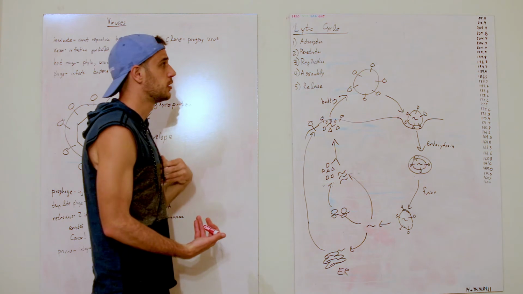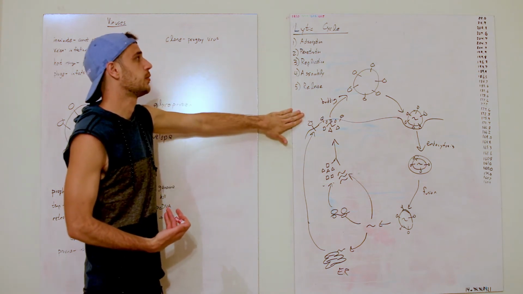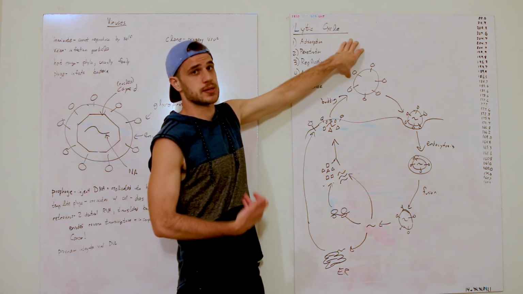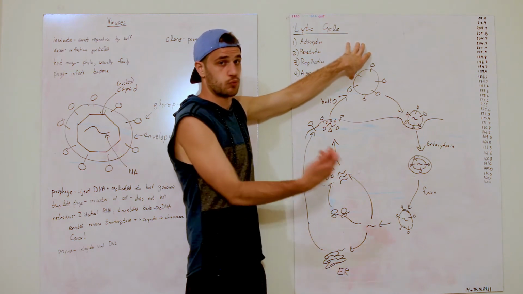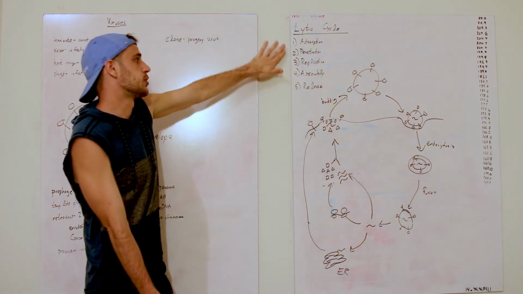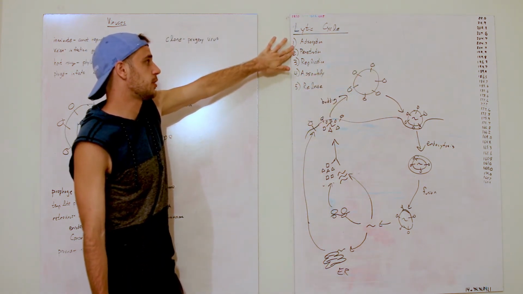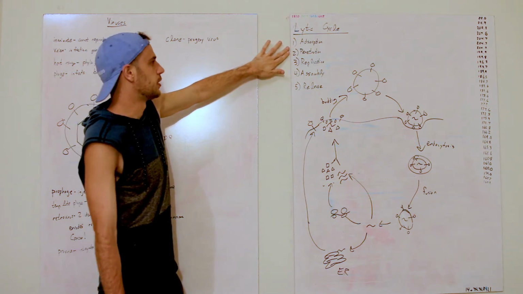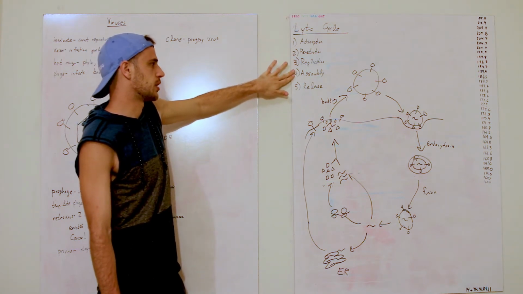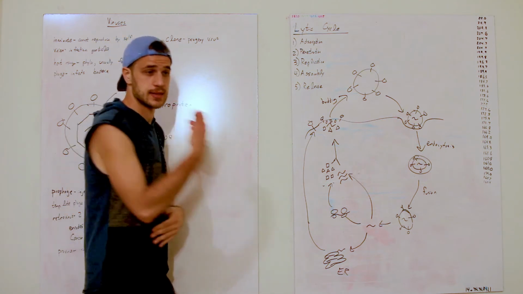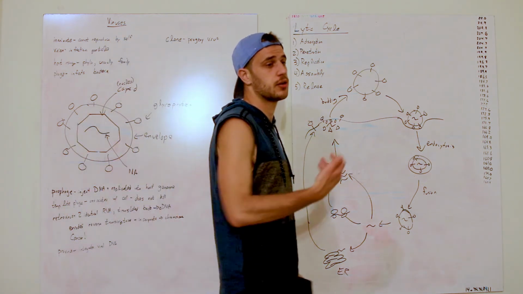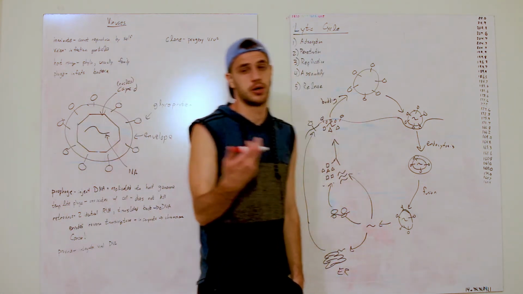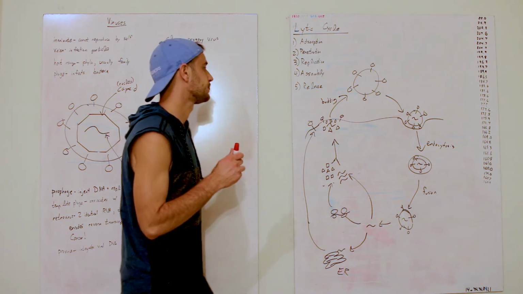Now the lytic cycle is this guy, which is the process by which a virus replicates. It goes by these things: adsorption, penetration, replication, assembly, release. And this cycle continues until either the virus is killed or the host is killed.